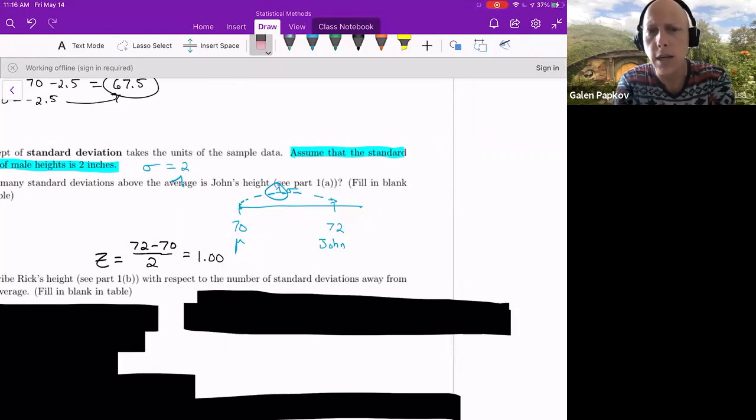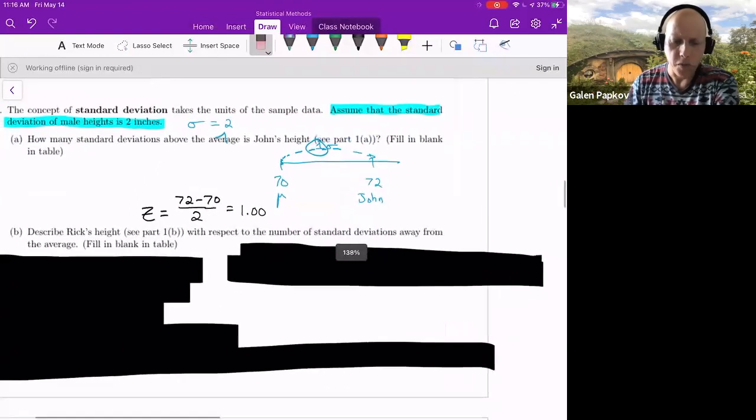More conceptually in blue there, if you were the average male at 70 and you need to step standard deviations to get to John's height, you would take 1 step, because 1 standard deviation is 1 step, and that would be 2 inches. And so that's a more intuitive approach to getting at the answer of 1.